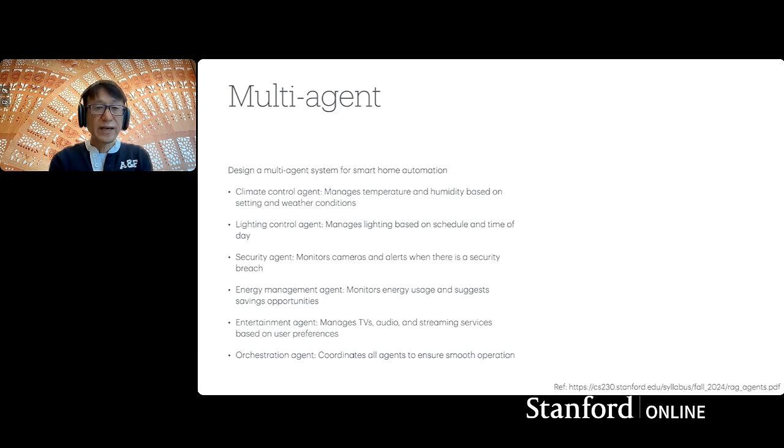All right, multi-agent is an interesting way to accomplish your complex task. You could split up your task and then assign those tasks to different agents that are dedicated to specific tasks.